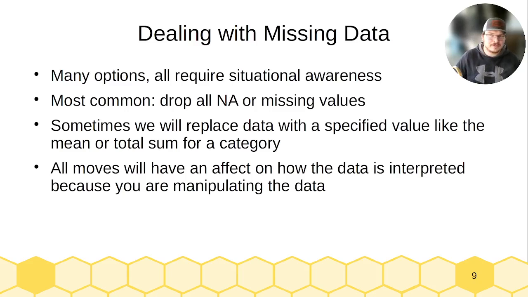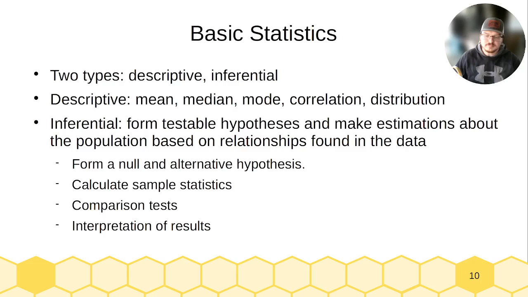And that's important because anytime you move, manipulate or transform a piece of data, you are manipulating your base data set, which is going to change how you are interpreting the data in the final stages of your analysis. Okay, so you've got to keep that in the back of your head the whole time we work through these things.